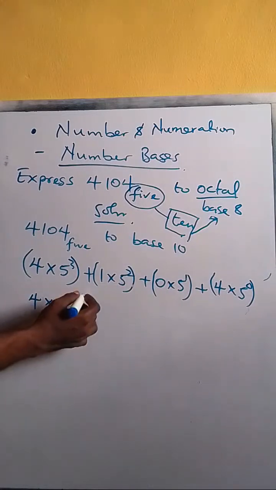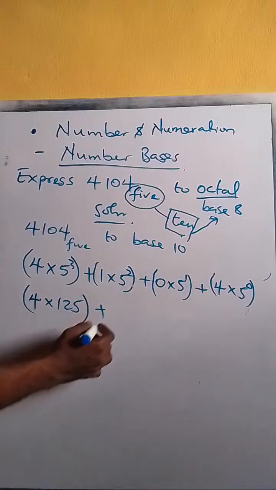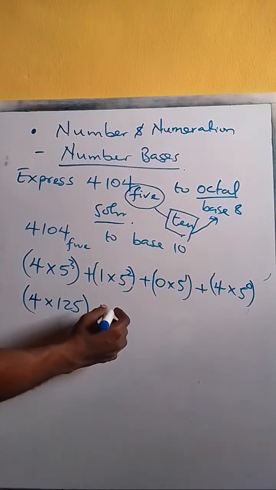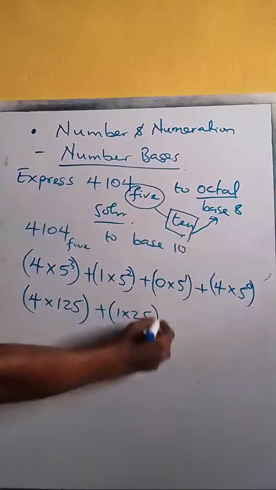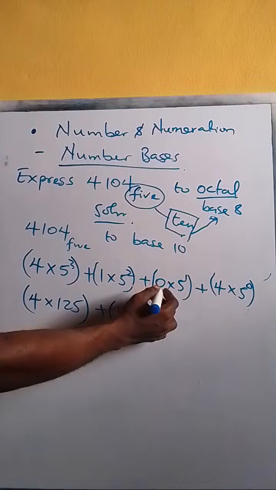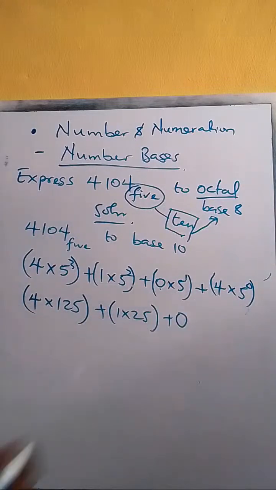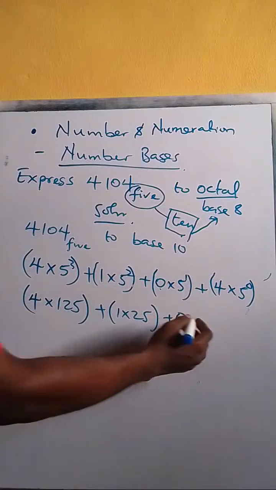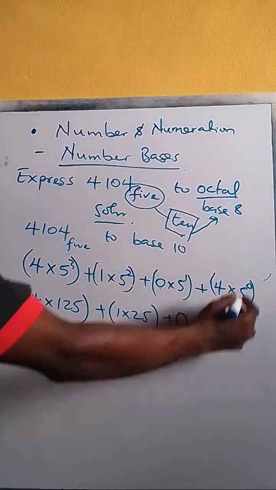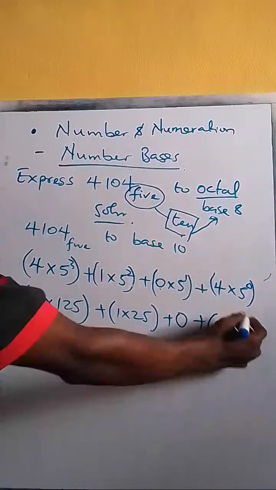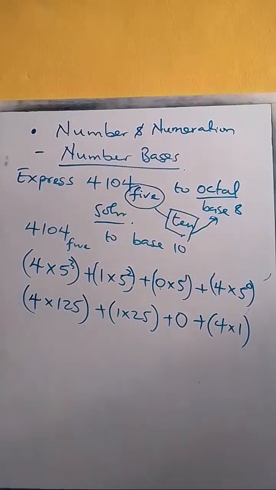That's 4 times 125. Then plus 5 squared, 5 times 5, that's 1 times 25. Then plus 0 times anything, that's 0. Then plus 4 times 5 raised to power 0. Any number raised to power 0 gives us 1.